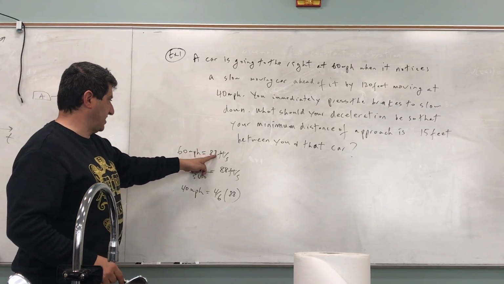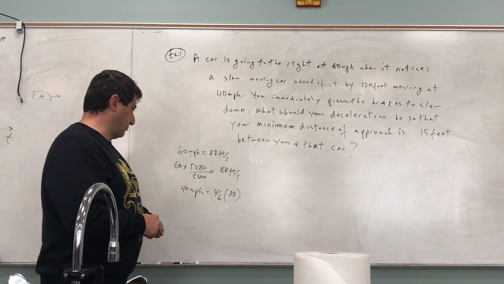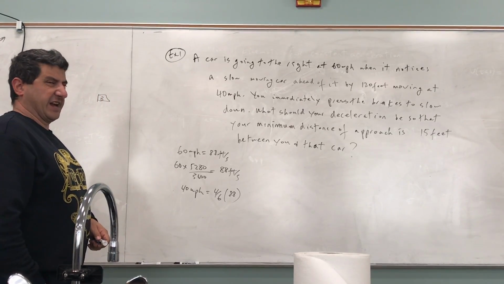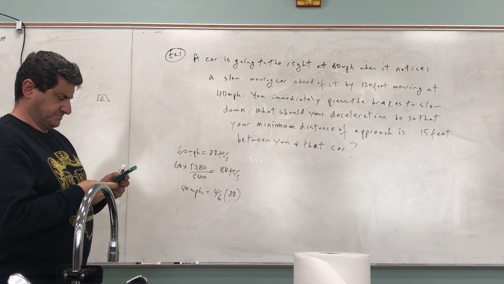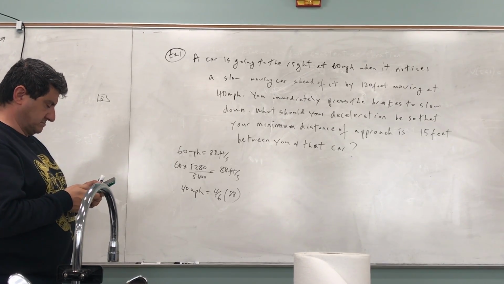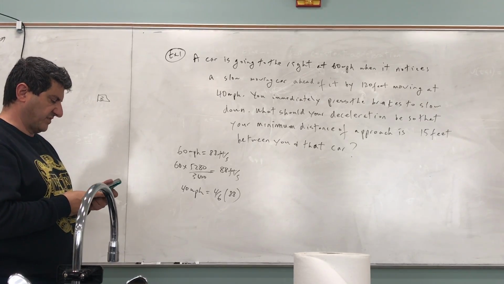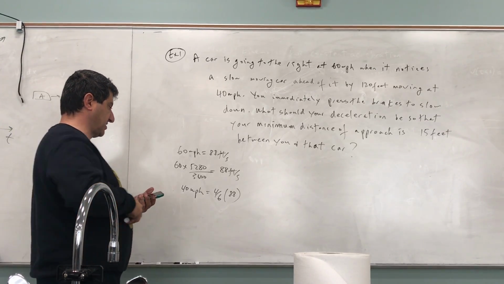Because if 60 is 88, 40 is 4/6 of 88, which is going to be probably a fraction, right? Some decimal. 58.6667.